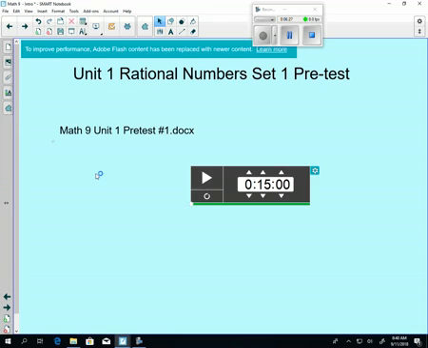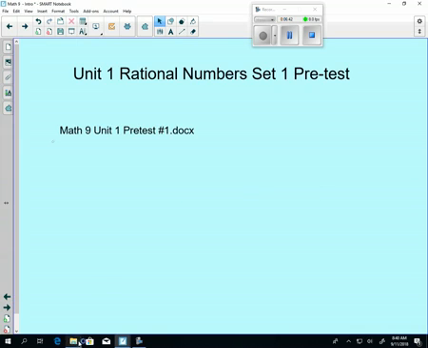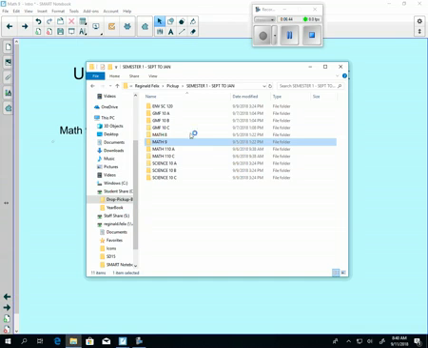So today is a very brief lesson. I am going to include this little pre-test, Math 9 Unit 1 pre-test. See if I can pull it up for you. We'll go to your pickup box. Remember, if you go to the Windows directory, you'll see a drive for a pickup.